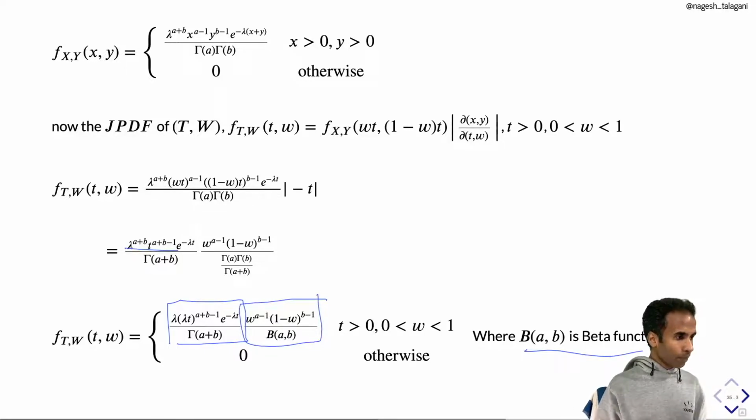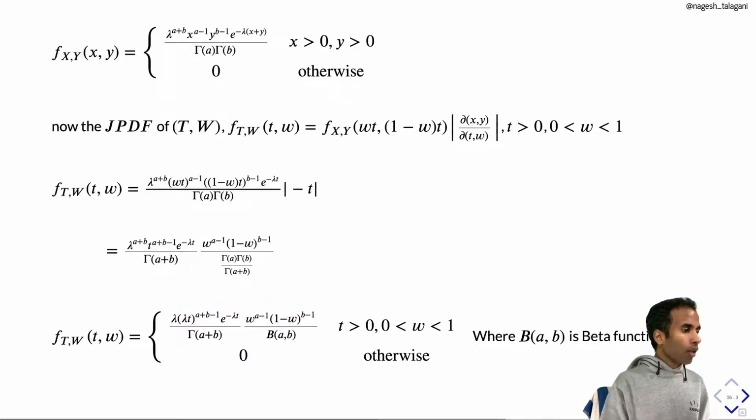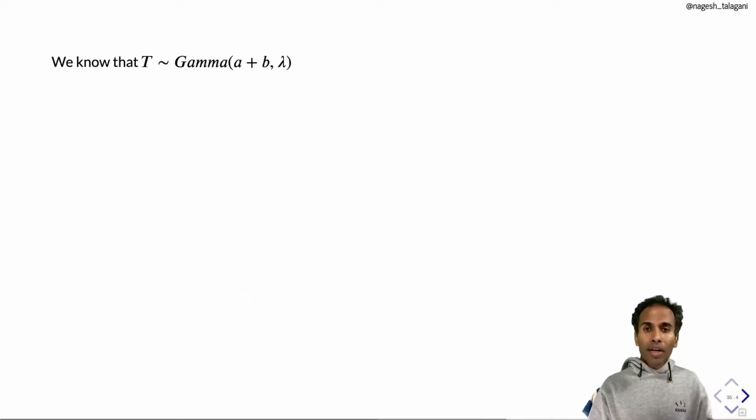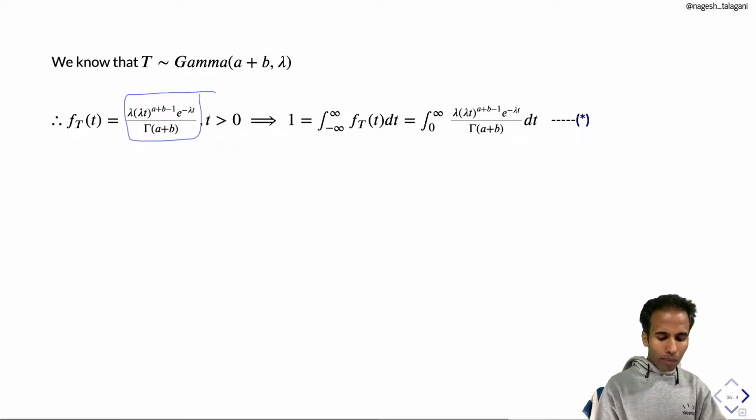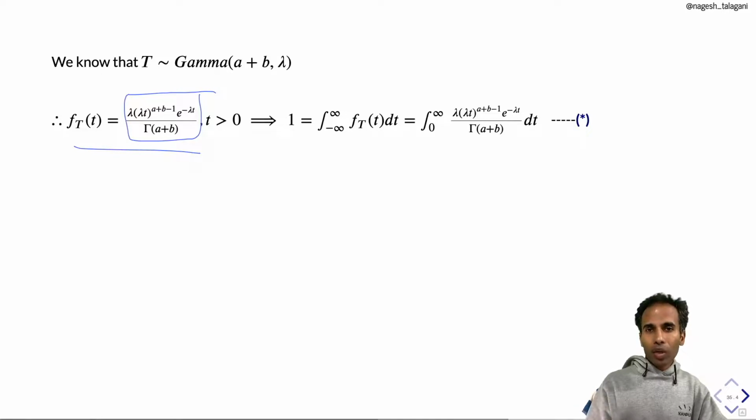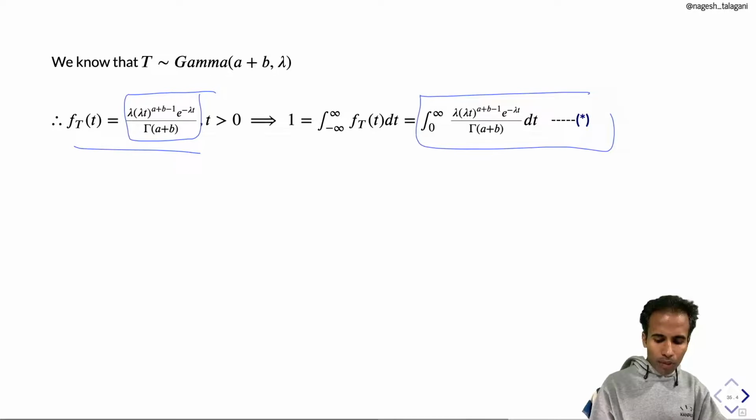Now we already know about T. T follows a gamma distribution with the parameters a plus b, lambda. So the PDF of T should be lambda times (lambda t) to the power of a plus b minus 1, e to the power minus lambda t by gamma a plus b, for t positive. So if you integrate this PDF over its support, that is 0 to infinity, then you should get the value 1. That's why this integral value must be equal to 1.